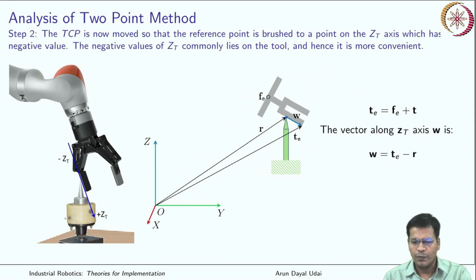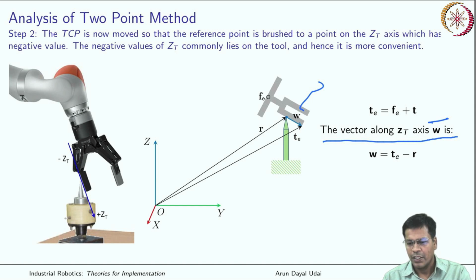Now the vector along ZT, that is the W vector, which is marked as shown in this figure, is basically how much? W is equal to TE minus R, because you know W plus R is equal to TE.